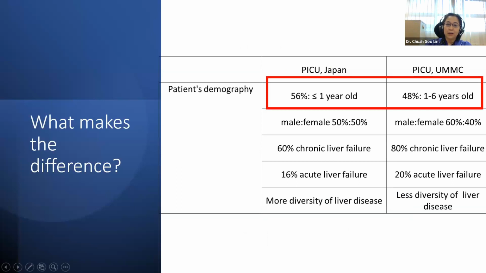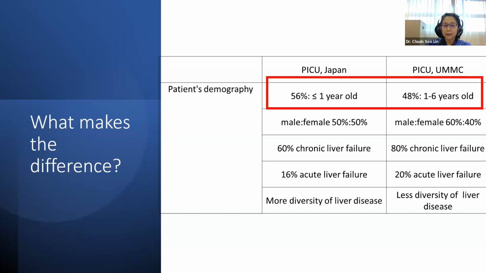So now we are going through the differences between Japan and our center. We could see that Japan's patient cohort is mainly those less than 1 year old, and ours is mainly between 1 to 6 years old.